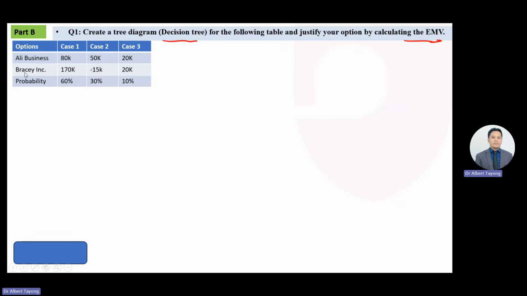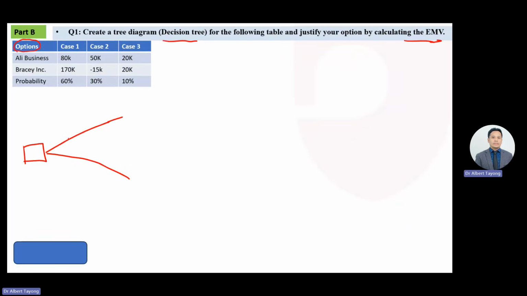Our rows here, we have Ali Business, and we have Brace Incorporated, and we have here the probability. You should not be confused. Look at the options or find the options, or we call this our alternatives. The options are after the square or the box. So you have to draw the box and then the options.